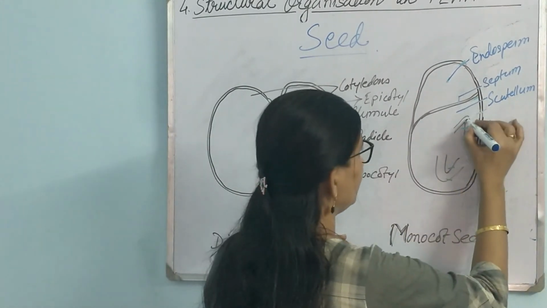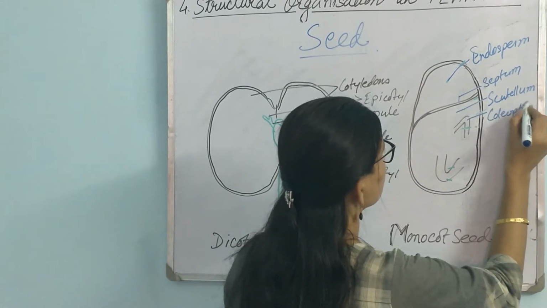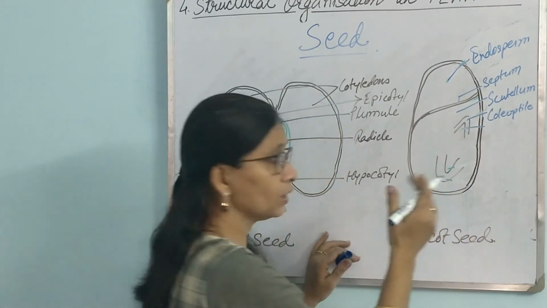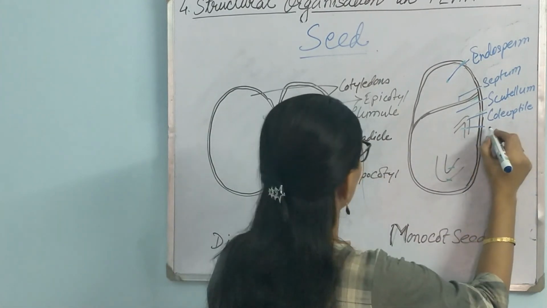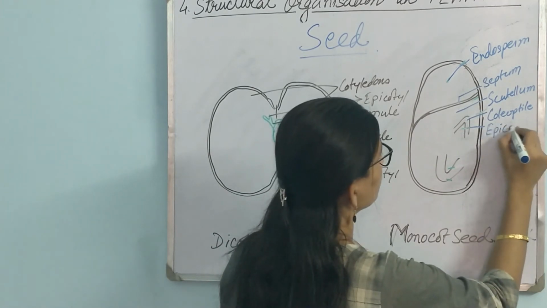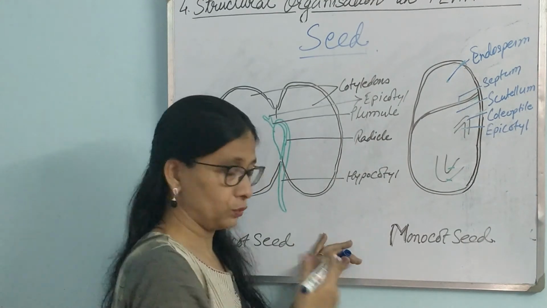They are known respectively as coleoptile, which is the protecting covering of epicotyl, which will give rise to the shoot.